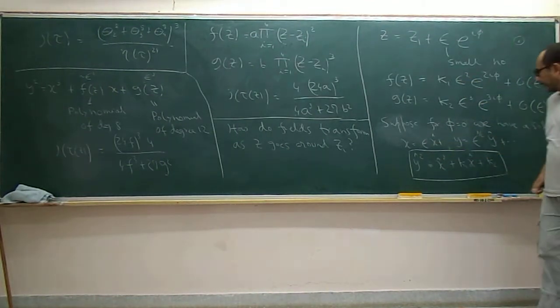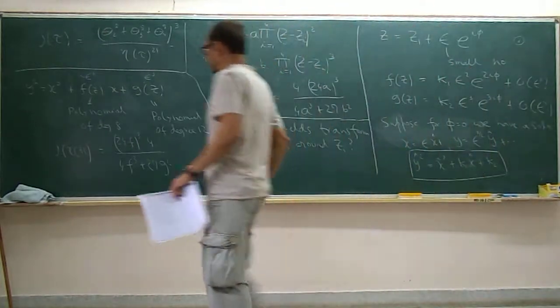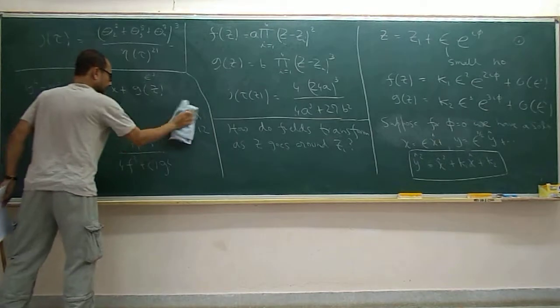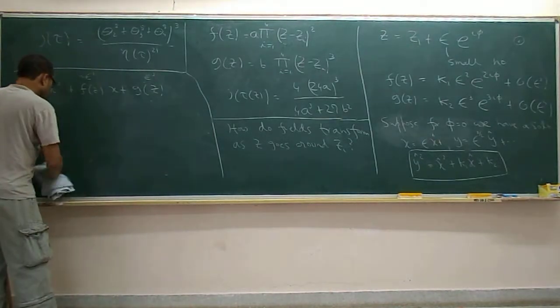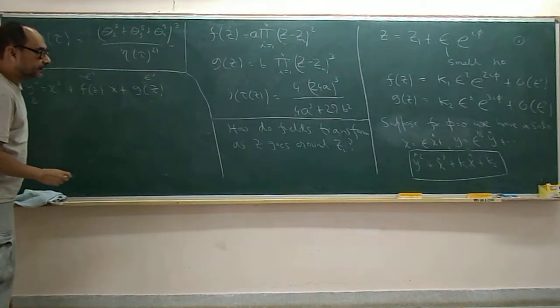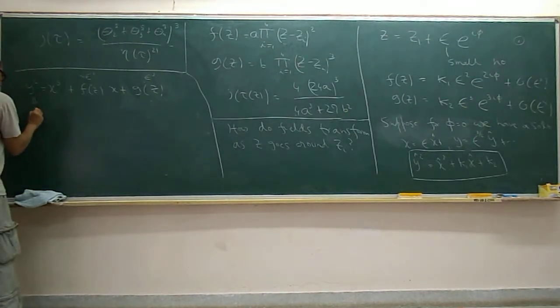Let's substitute in the original equation. So y square will be epsilon cube y hat square.